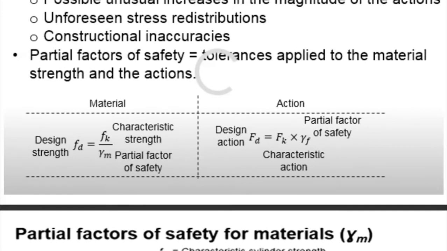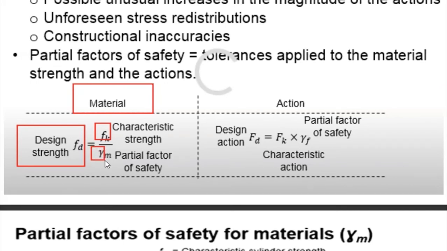In terms of material, the design strength fd is the characteristic strength over the partial factor of safety. It means if you want to find the design strength of the material, say from the rebound hammer test, the characteristic strength you get, you divide by the partial factor of safety, so you have the estimated design strength.